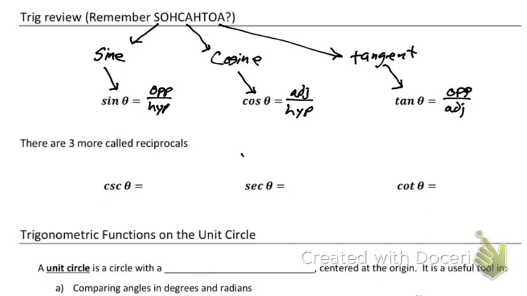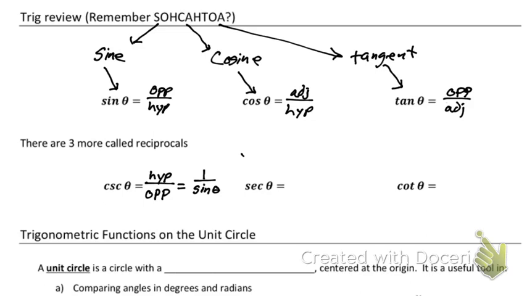So the cosecant goes with sine. Since sine is opposite over hypotenuse, the cosecant is going to be hypotenuse over opposite. Or you could just find 1 over sine theta, which is just saying flip it.